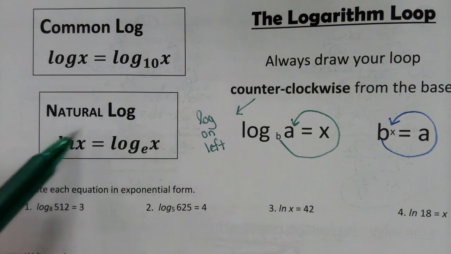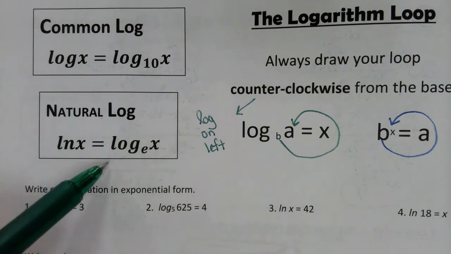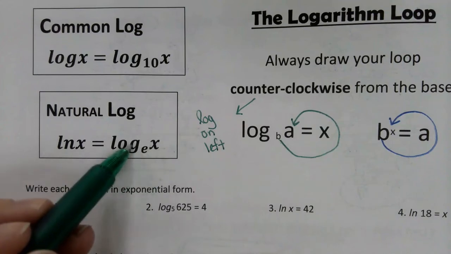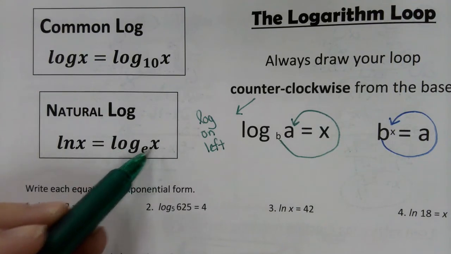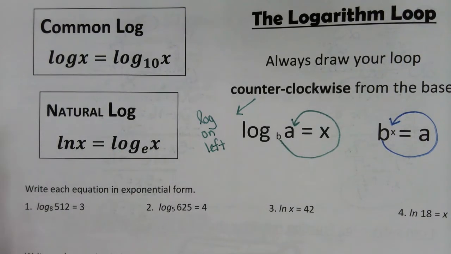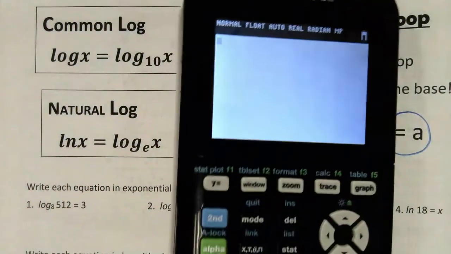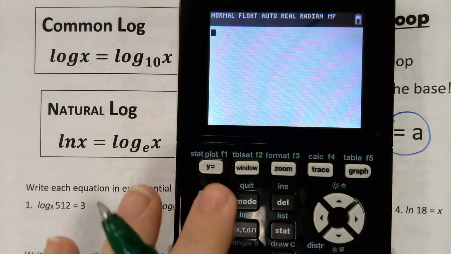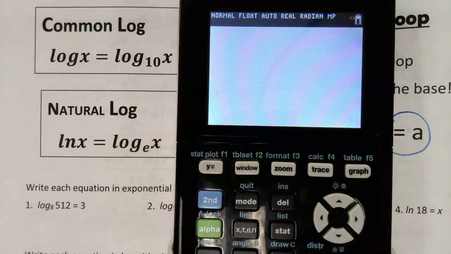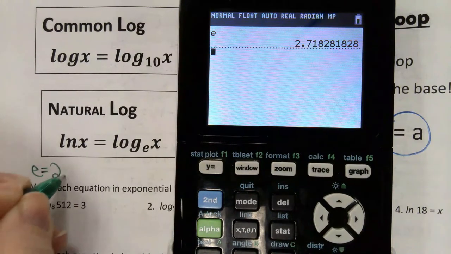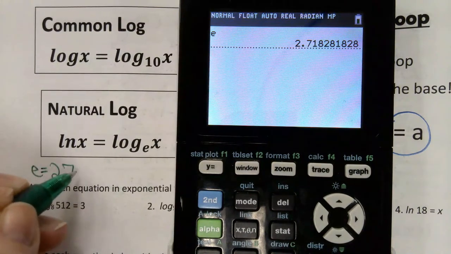Same thing happens with what we call a natural log. For a natural log, we have a log with a base of e, which we write as ln. E is actually just a constant, similar to how you would say pi is 3.14. E is a constant as well. You can find it on your calculator by pressing second and the division key, and you can find out that e's value is 2.718 blah blah blah.